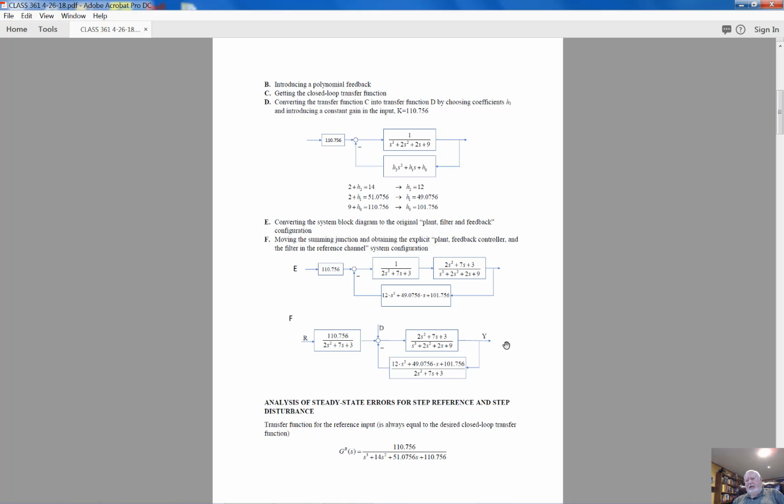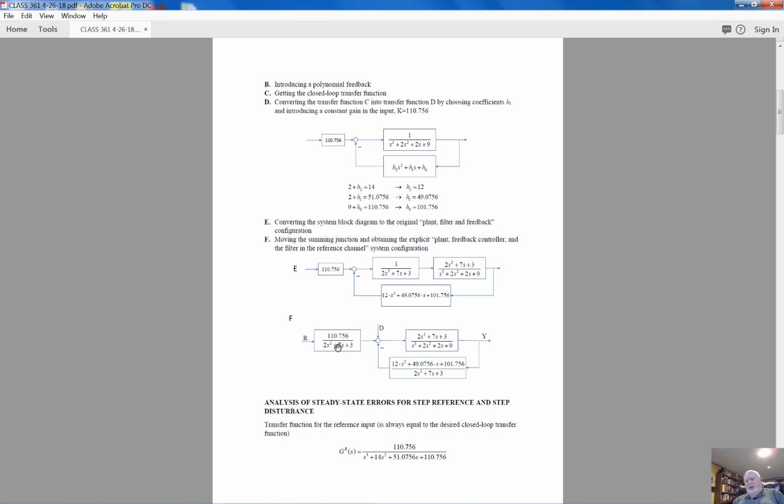The output of the plant is Y. I'm getting the negative feedback controller. This is the controller. And I'm getting the filter in the reference channel. And I have a system that is exactly the same as the desired closed loop system transfer function.